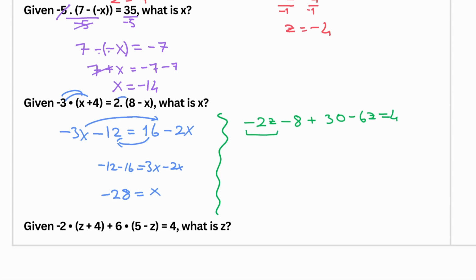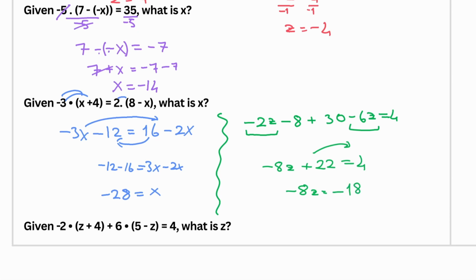Negative 2z and negative 6z would give me negative 8z. Negative 8 plus 30 would give me 22, equals 4. I can send the positive 22 to the other side as a negative 22. So negative 8z equals negative 22 plus 4, which is negative 18.